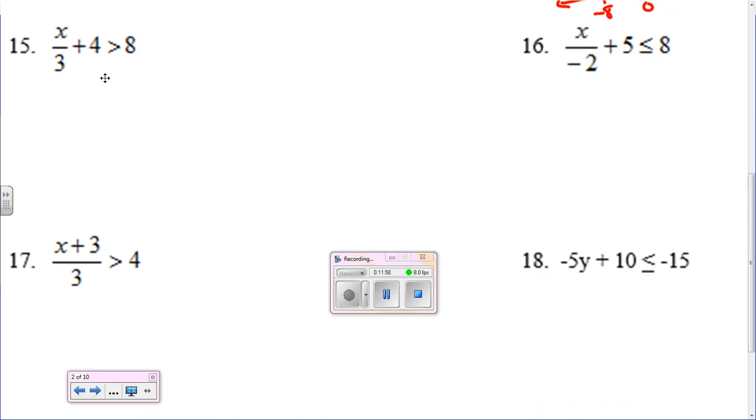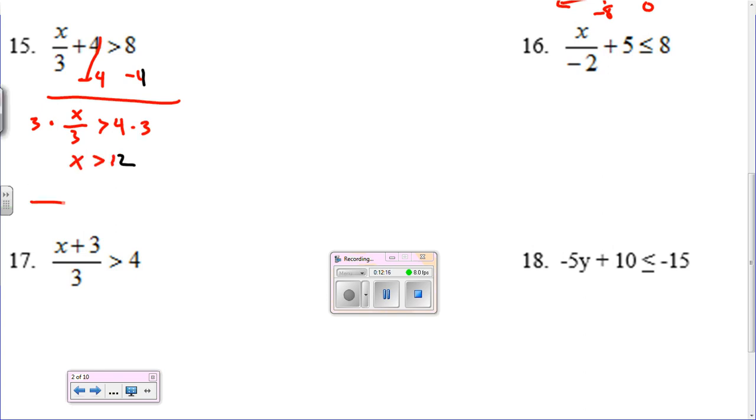Number 15. Start by subtracting 4 from both sides. Gives you x over 3 is greater than 4. And you multiply by 3 on both sides. It gives you x is greater than 12. Zero, 12, open circle, shade to the right.